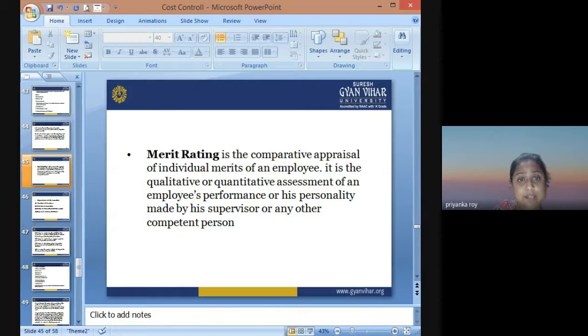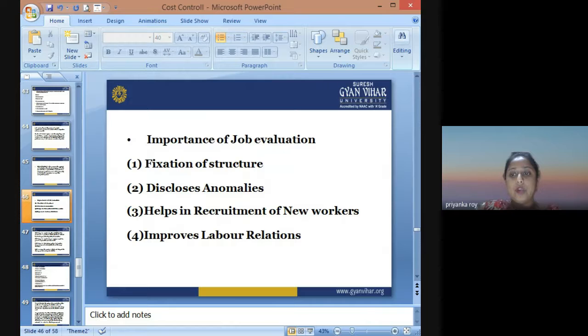That is merit rating. It is a comparative appraisal of the individual merit of an employee, and it is a qualitative and quantitative assessment of an employee's performance or his personality made by the supervisor or any other competent person at a higher post. Then you have important uses of evaluation, like fixation of wage structure, disclosure of anomalies, help in recruitment of new workers, and improving labor relations.